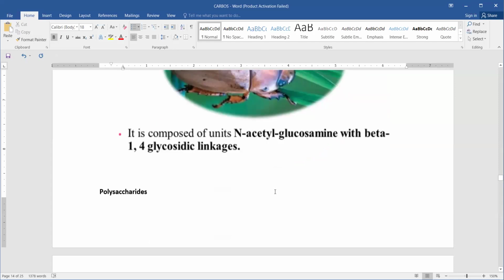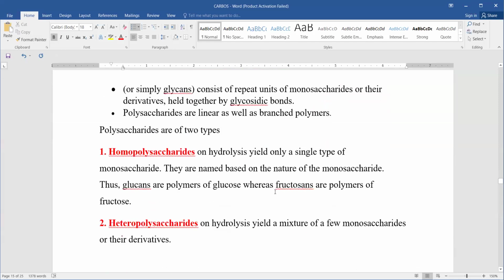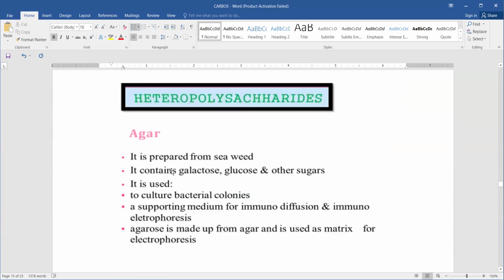Chitin is a homopolysaccharide. Then heteropolysaccharides: agar. It is prepared from seaweed. It contains glucose, galactose, and other sugars also.